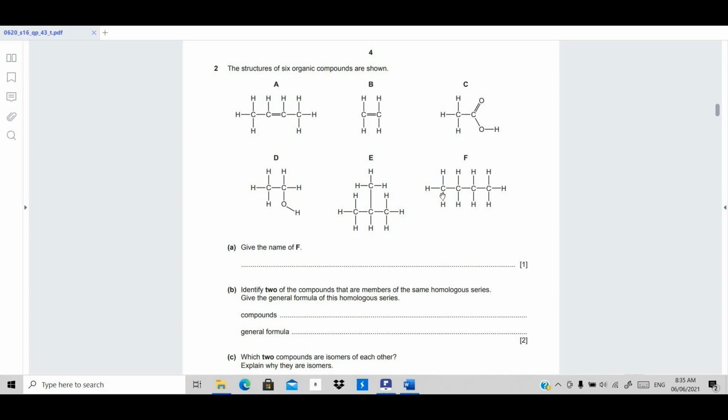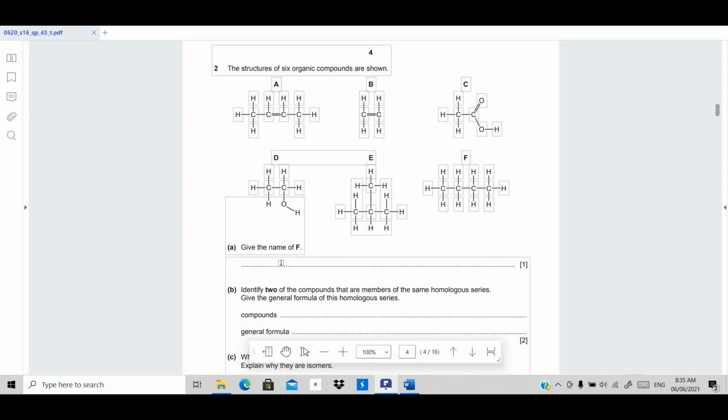If there was 1 carbon atom, we call it meth. If 2 carbon atoms, eth. If 3 carbon atoms, prop. If 4 carbon atoms, but. So we know the first part is but, and it is a single bond, so ane. The name of the organic compound will be butane.